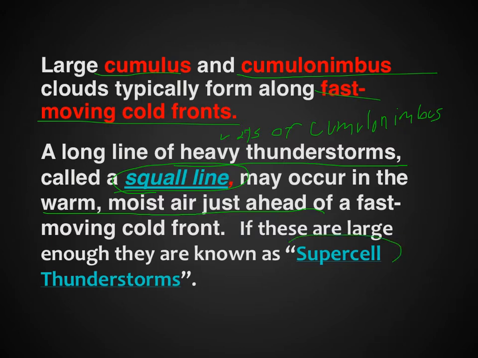And these are also known as supercell thunderstorms. And these are very violent thunderstorms, producing lots of rain, heavy downpours, lots of potential for hail and lightning, and sometimes even tornadoes can come from these supercell thunderstorms.